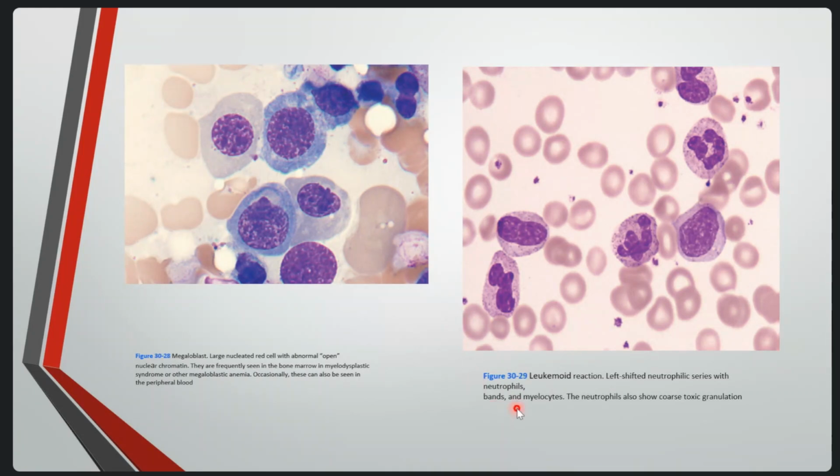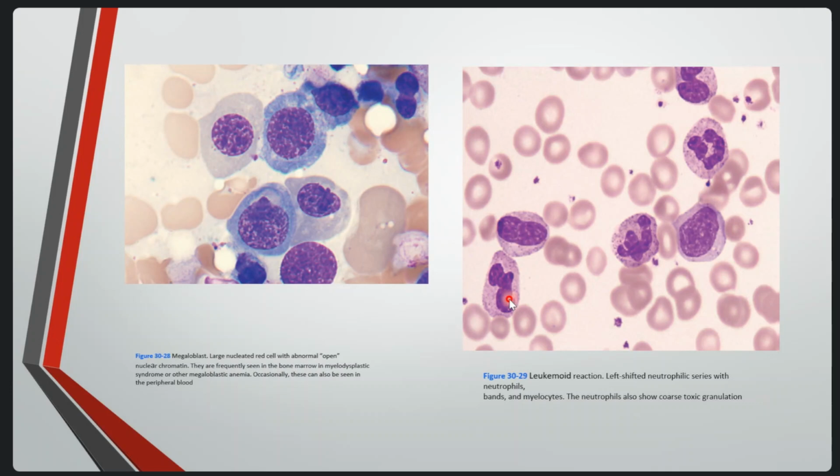Next one is the leukoid reaction. A leukoid reaction is a term given when there is proliferation of our leukocytes. So there's leukocytosis with the presence of an immature neutrophilic series. Here we can see a myelocyte and some bands.